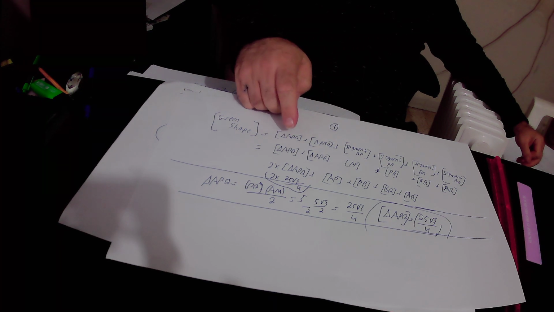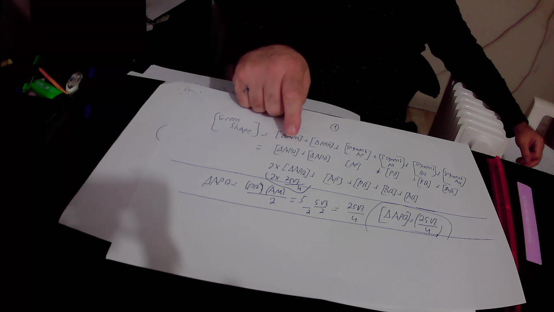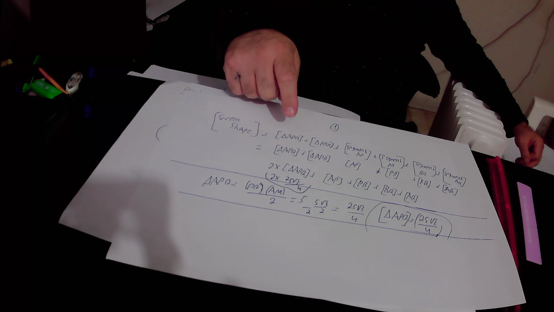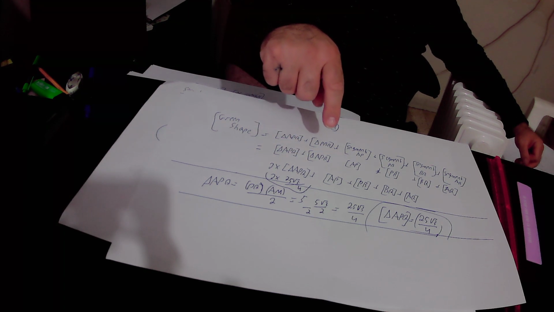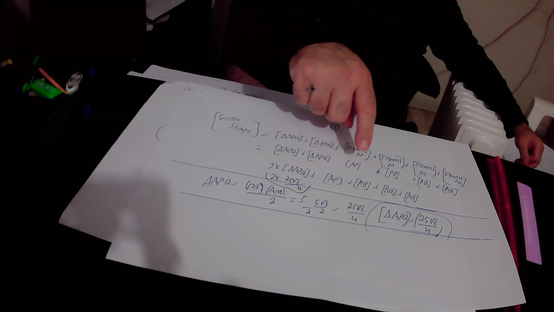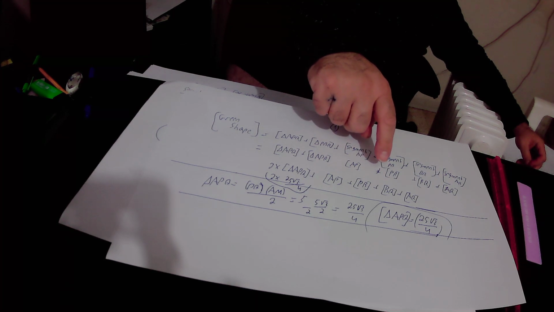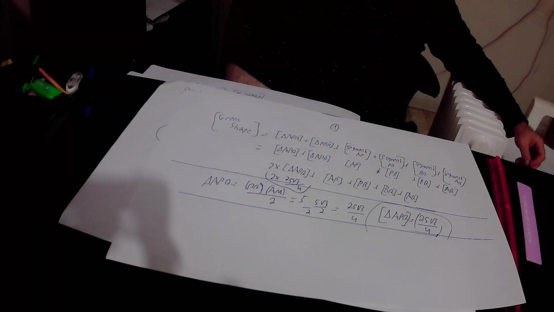We did it, and we got that the area of the green shape equals 2 times the area of triangle APQ plus the area of segment AP plus the area of segment PB plus the area of segment BQ plus the area of segment AQ.